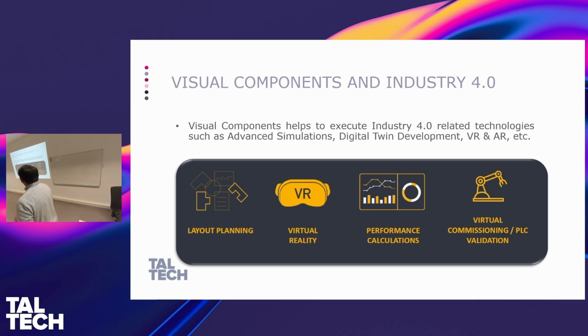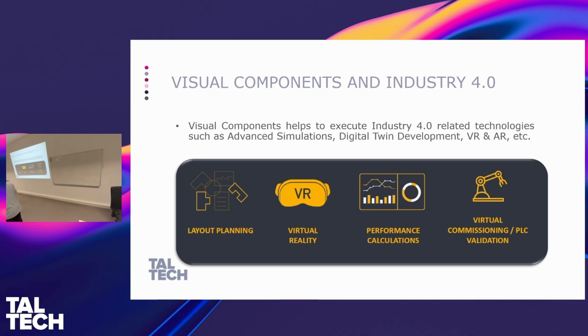But again, for the digital twin, in the first stage you must have the simulation model on a 1-to-1 scale. Then in visual components, it's possible to use virtual reality, because they have one very good application called Visual Components Experience.